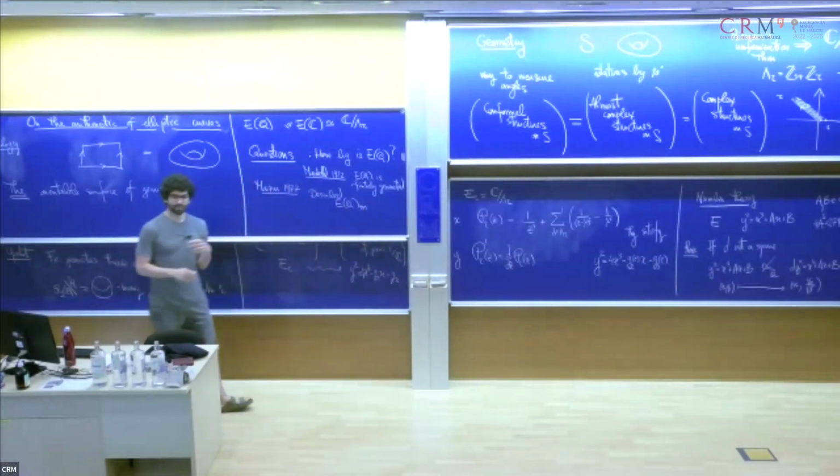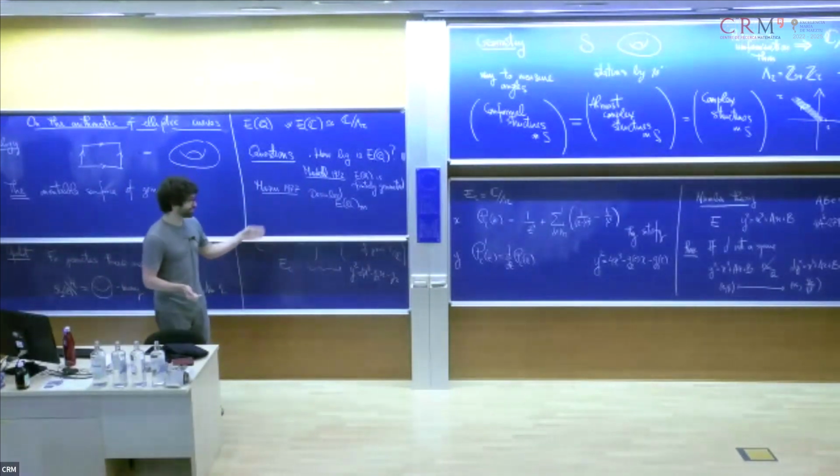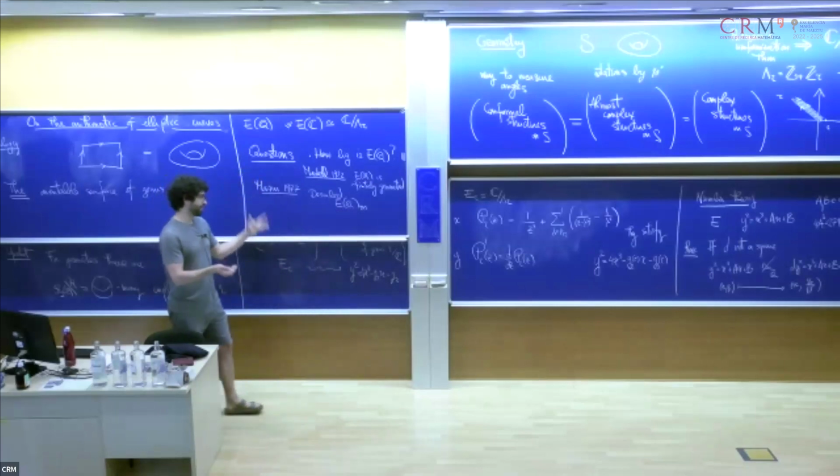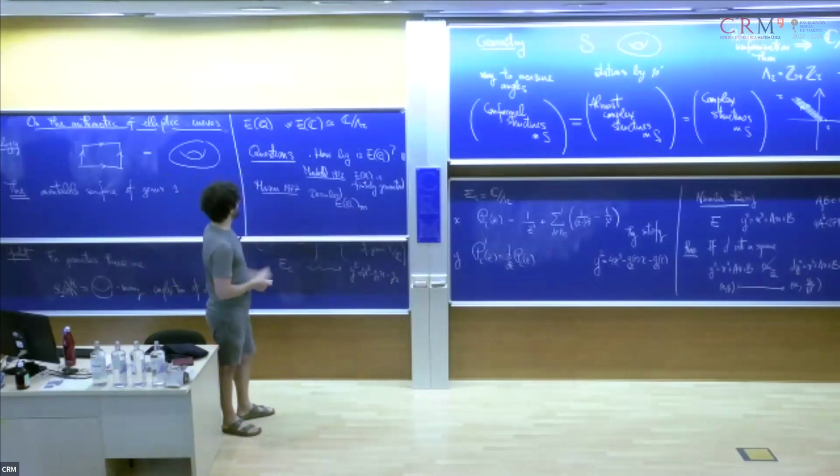When I say described it, I mean that he listed all the 15 possibilities of torsion subgroups of these Mordell groups. And that's more or less what he did.